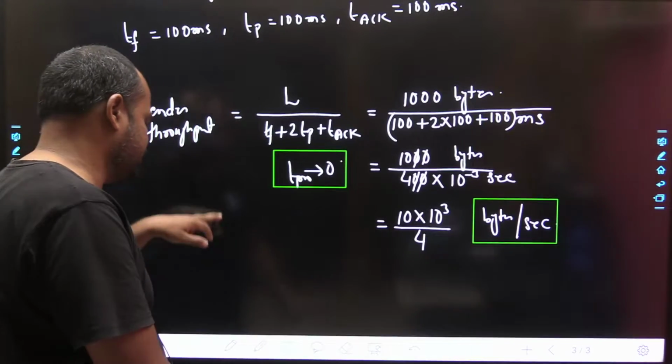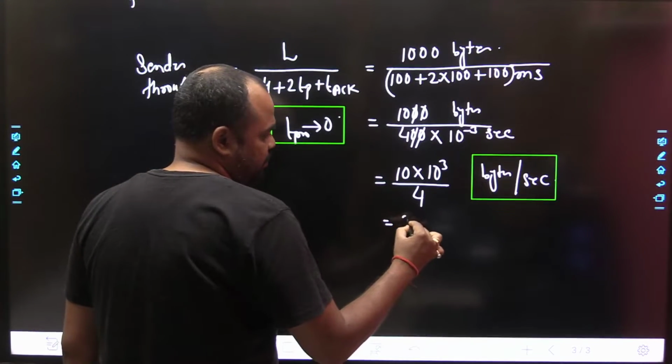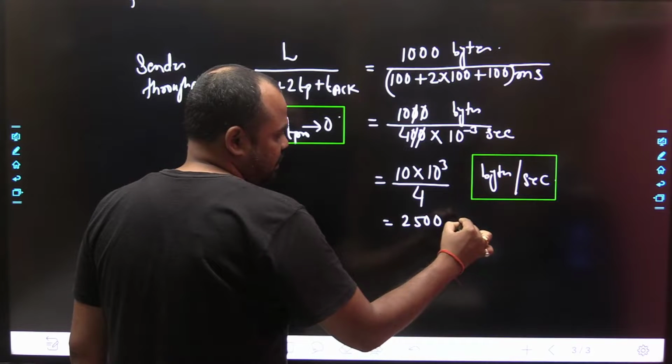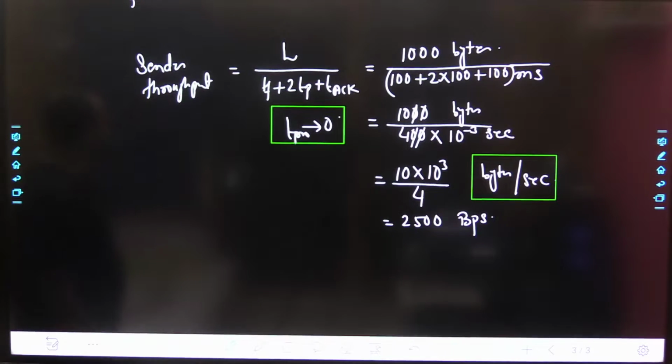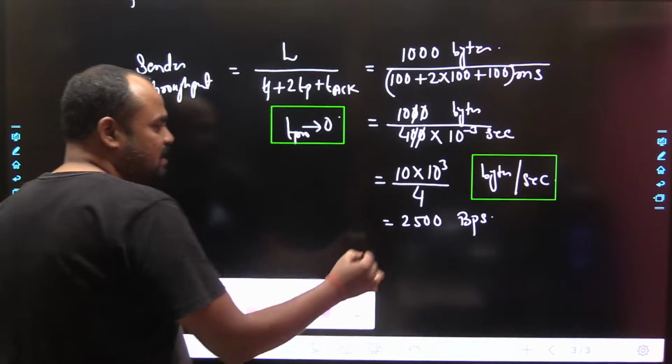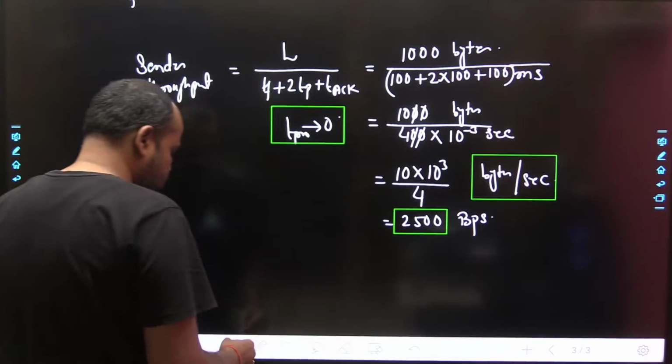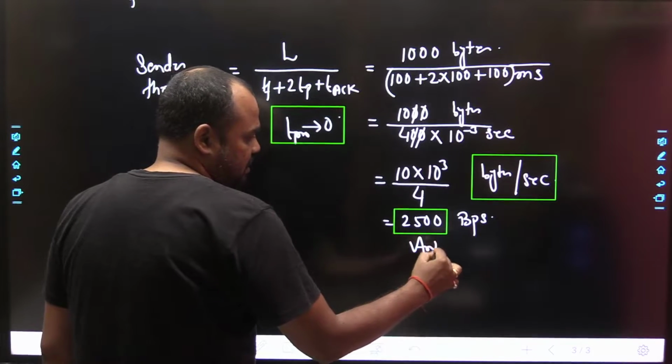So this will become 2500 what? Byte per second. Capital B means byte per second. So ultimately you need to give the answer in the form of bytes per second. This will become your final answer.